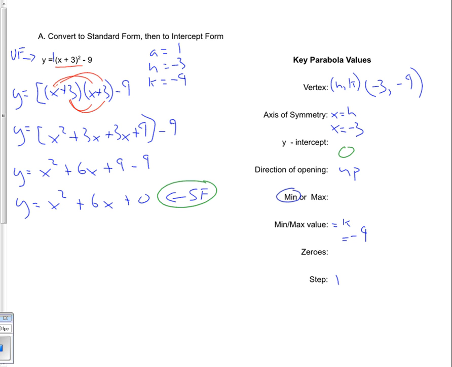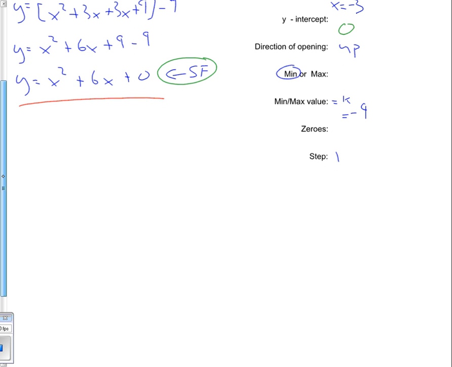I'm just going to quickly do a line break there to indicate that these are different equations. Now I need to go through and factor the standard form of this equation. The standard form of this equation is what we have up here, x squared plus 6x plus 0.